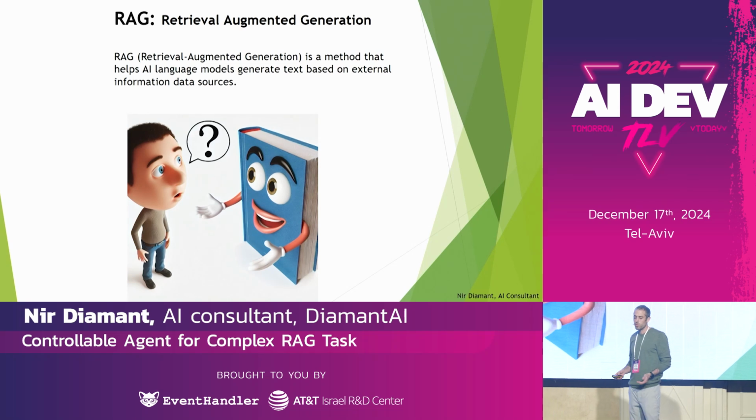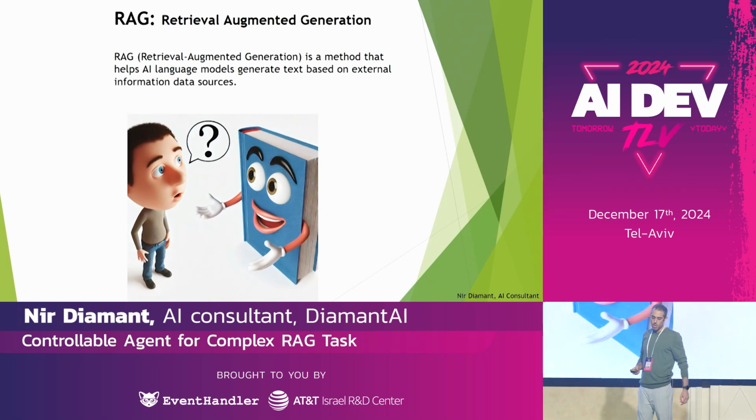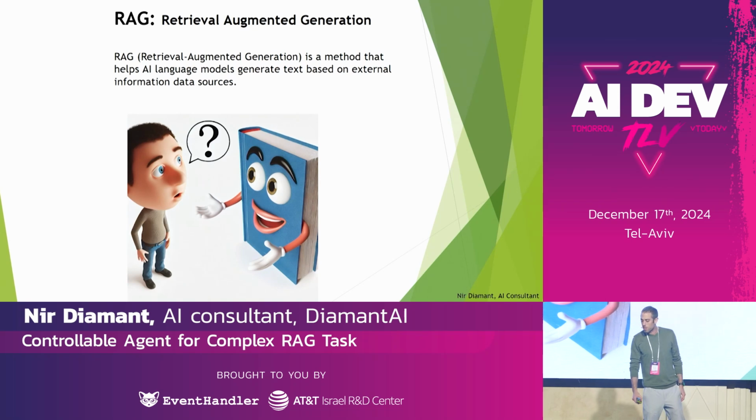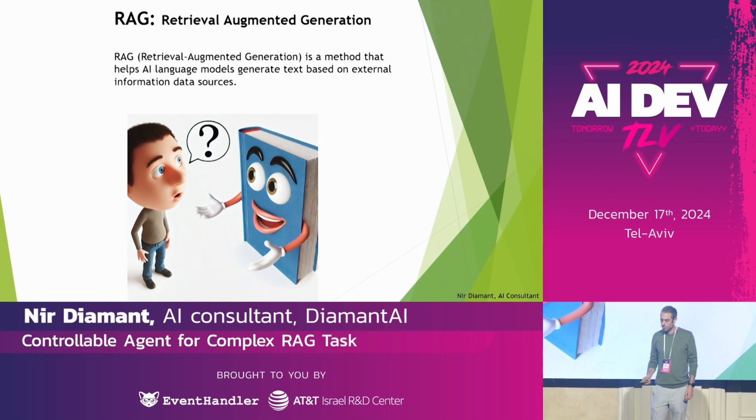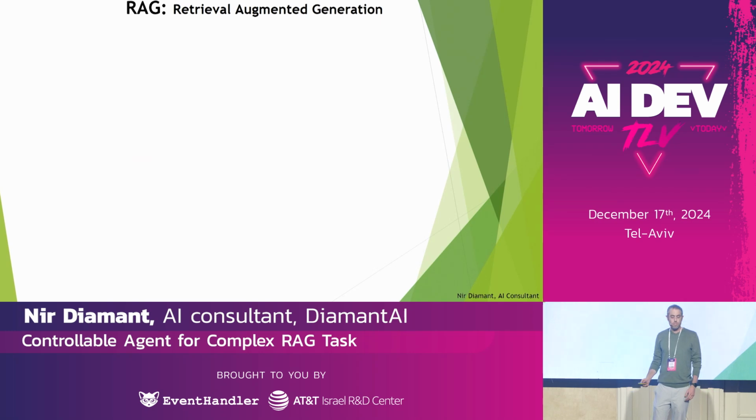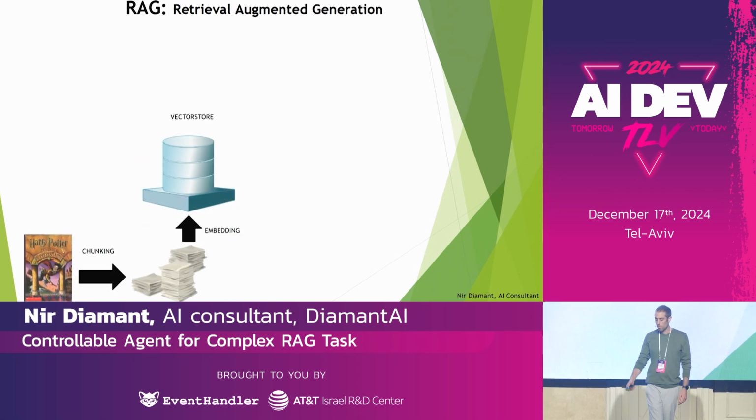All right, so in a sentence, for people who are not familiar with the term, RAG is an acronym for Retrieval-Augmented Generation, and it's a method that helps AI language models generate text based on external information data sources. How it works: we take our Harry Potter book and we chunk it. We can chunk it into sentences, pages, whatever granularity you choose.